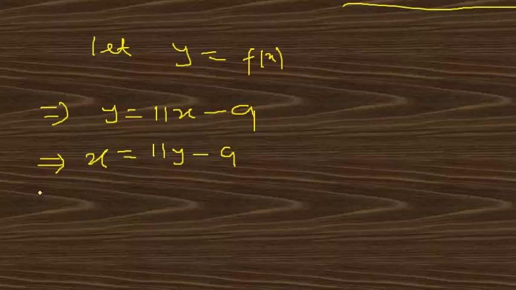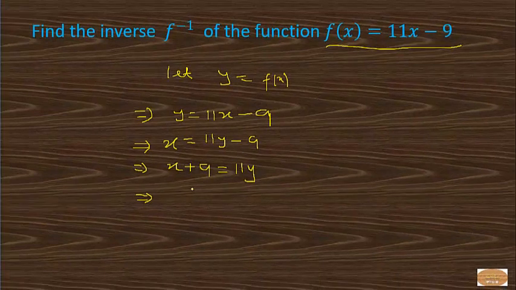So let's make y the subject. So we have x plus 9, because then this 9 is negative, so it will be positive when it moves to the other side. So we have 11y. Okay, so the last thing to do is to find y, that is divide both sides by the coefficient of y.